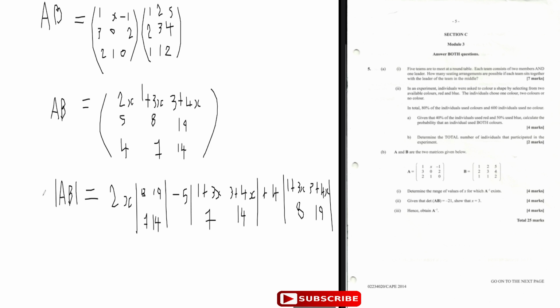All right, and remember they said that the determinant of AB was negative 21. So with that being said, let's go ahead and calculate.